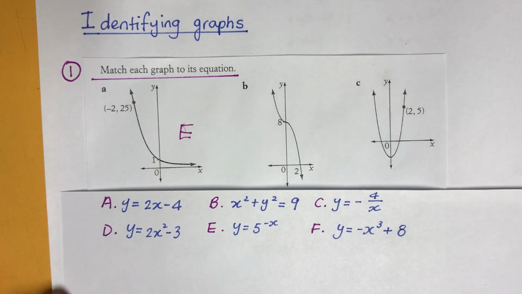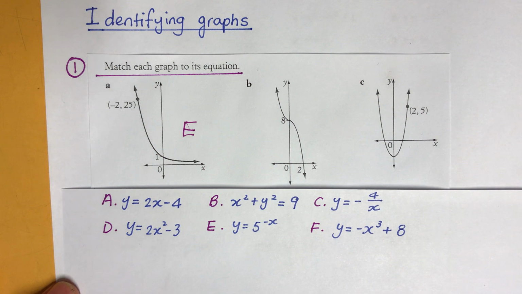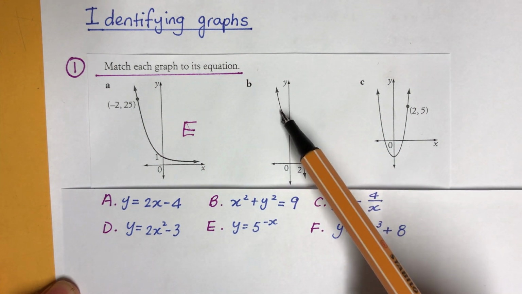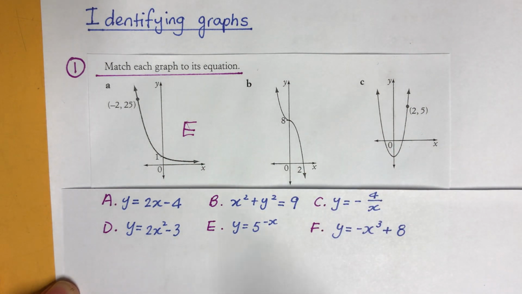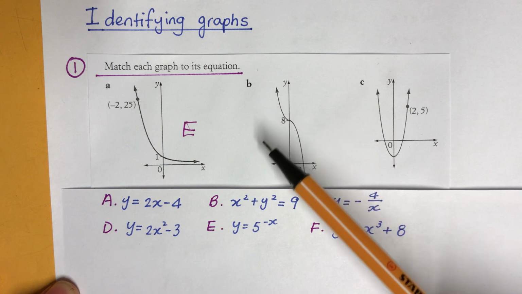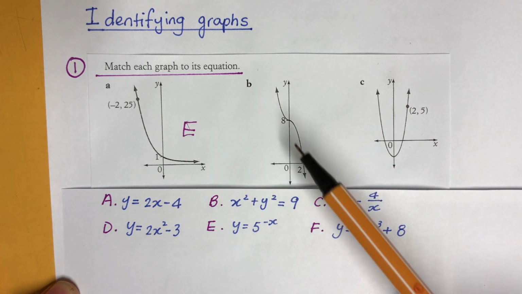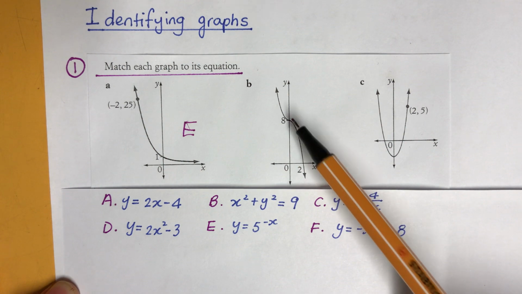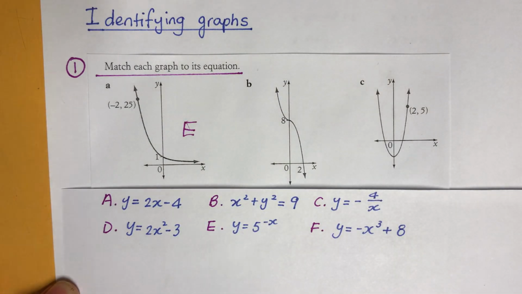Okay. Now, part B is definitely cubic. And it's going from left to right. If it was a positive cubic, it would go to the right to the left, but it's a negative. And also y-intercept is 8, so it pushed up by 8.